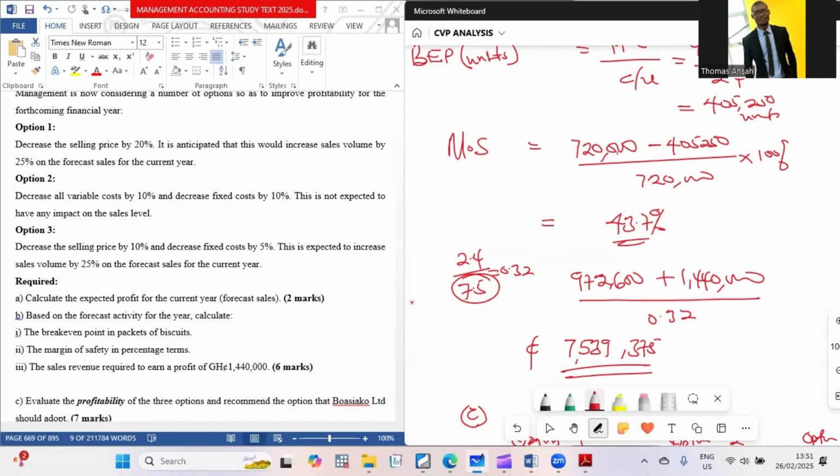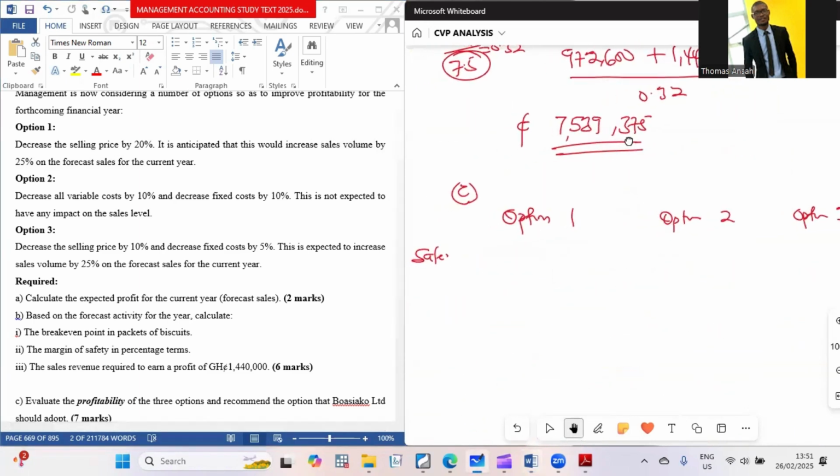Then when we shoot it up, we also have to increase the variable, so sales volume, the quantity, by 25%. So now let's work that out. My selling price, which used to be 7.5, is going to go up. So let's do 1.2 by 7.5. That means my selling price is going to be 9.